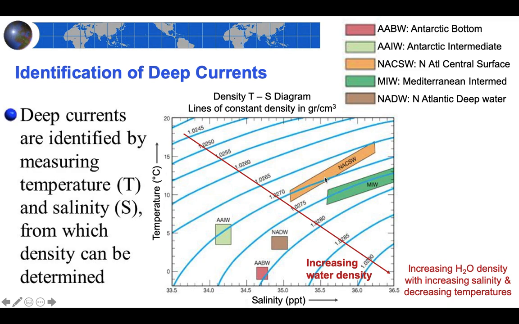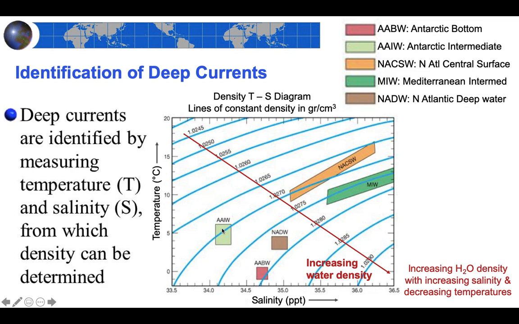mass, which has much warmer temperatures, all the way up to 15 degrees Celsius from about 8 degrees Celsius. And so it is much warmer, but it is also much saltier. So if you look at the salinity of this North Atlantic Central water, it has a wide range, but it is much more saline than the Antarctic intermediate water.